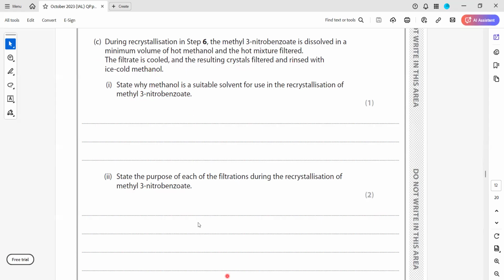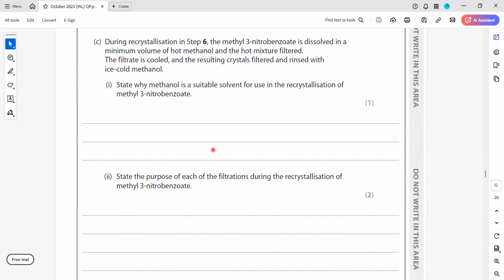State why methanol is a suitable solvent for recrystallization of methyl 3-nitrobenzoate. The suitability of the solvent depends on the type of solvent, what kind of forces it has. The main purpose of selecting a solvent is solubility. So methyl 3-nitrobenzoate will be very soluble in methanol.